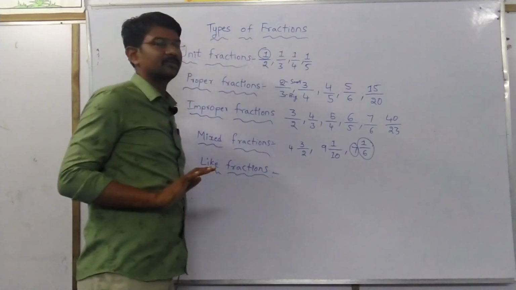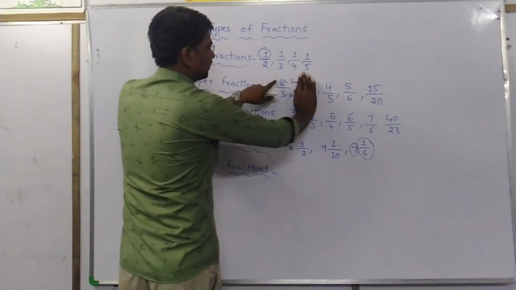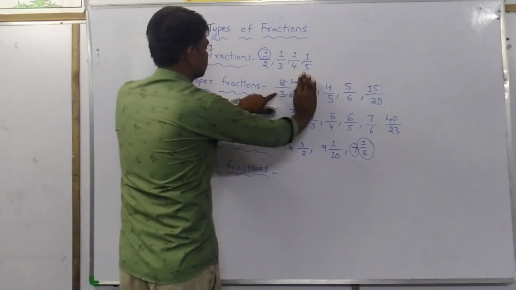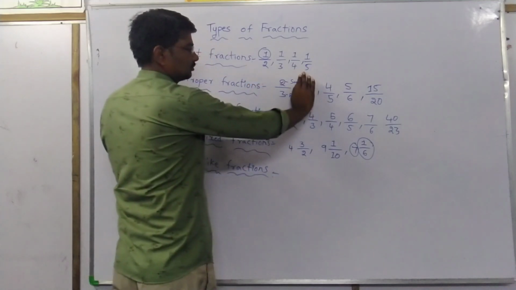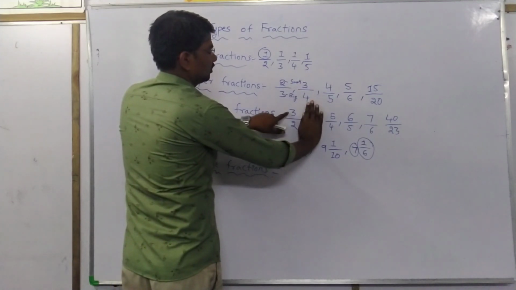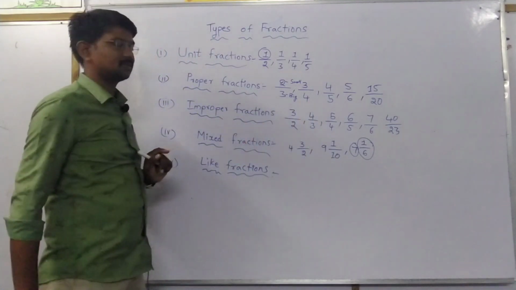Here one fraction is taken, the numerator is smaller than its denominator, so it is a proper fraction. Here also one fraction is taken, the numerator is bigger than its denominator, so it is an improper fraction.